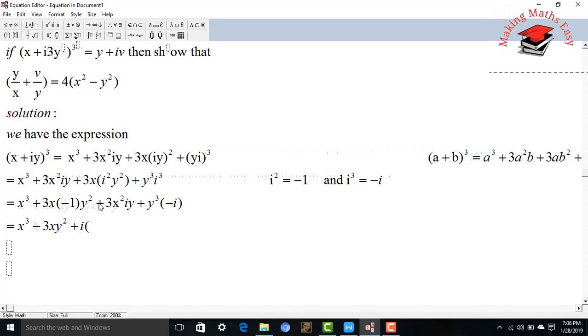So this x³ − 3xy² will be my real part, and the other part is the imaginary part. So the imaginary part will be 3x²y − y³.